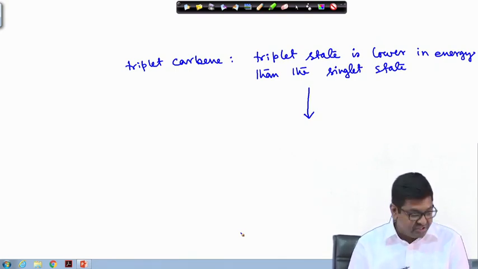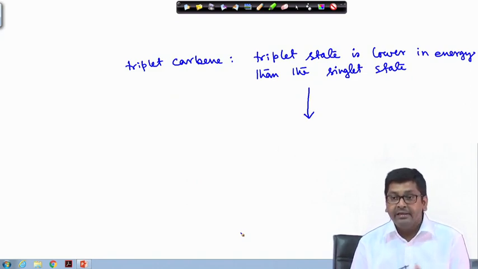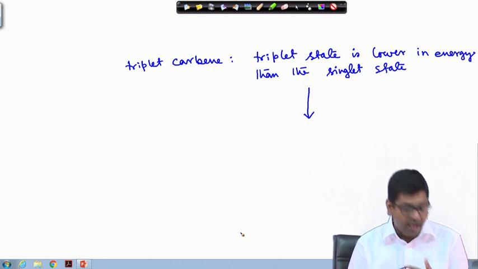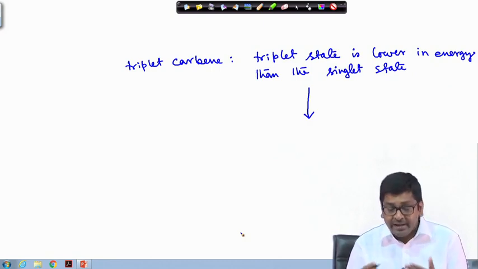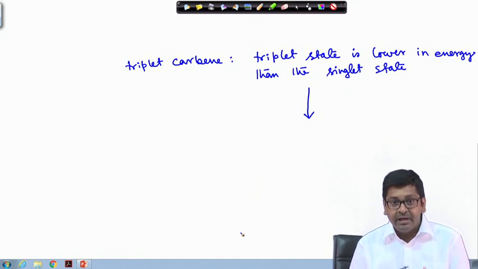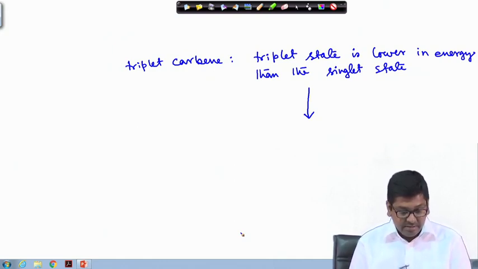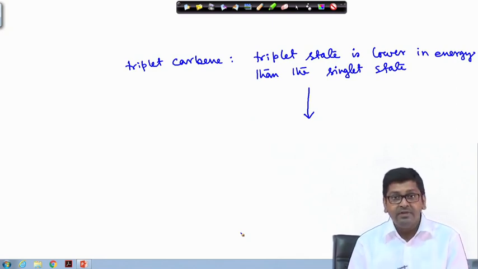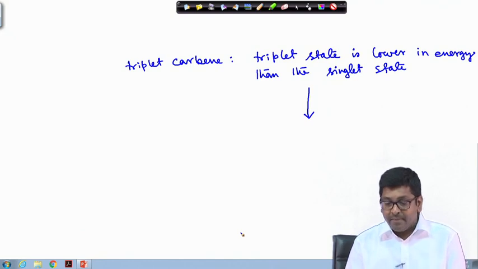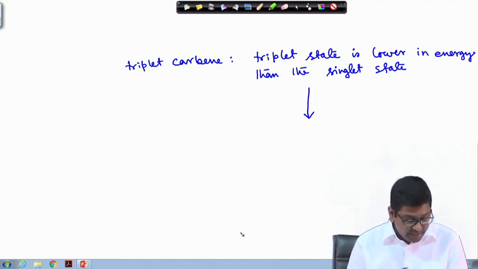If that repulsion energy is higher than the energy gained by bringing the p orbital electron down into the sp2 orbital, then it will be triplet, because in that case it will be lower in energy.